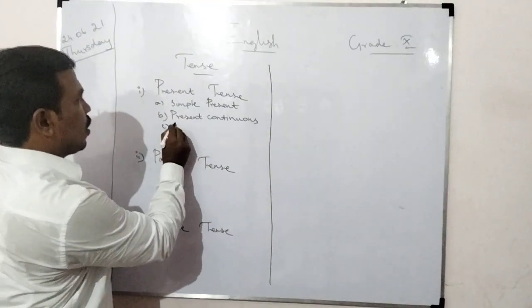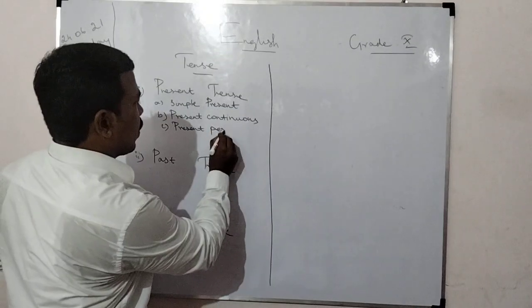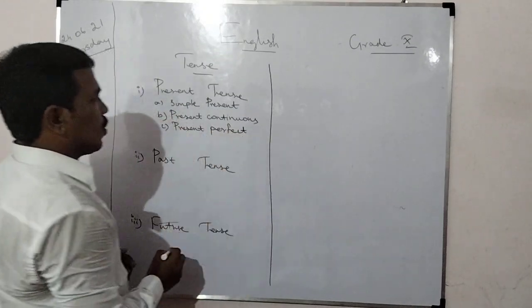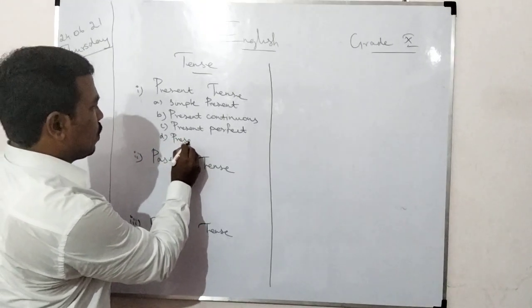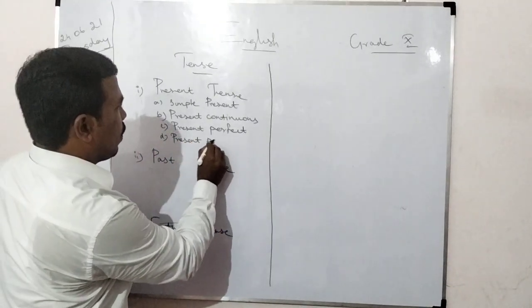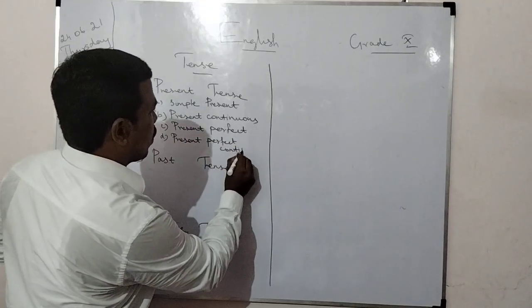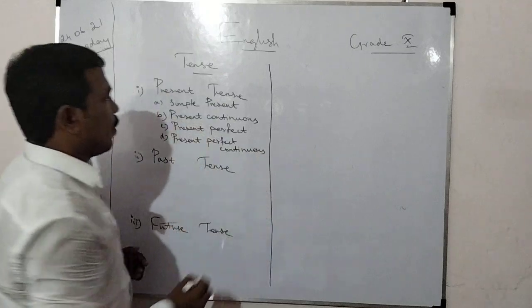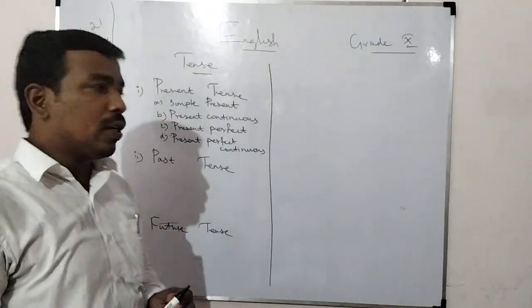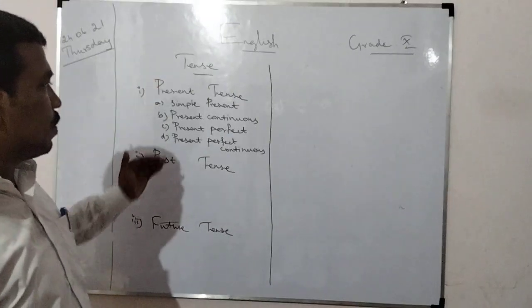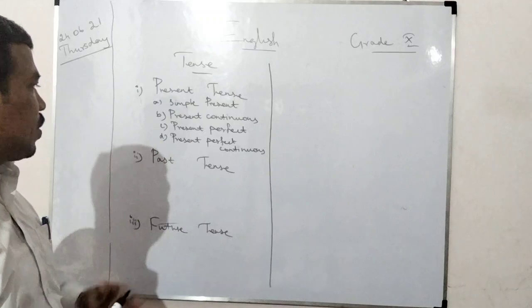The third one is present perfect. The fourth one is present perfect continuous. Have you understood? So present tense means we have four tenses.